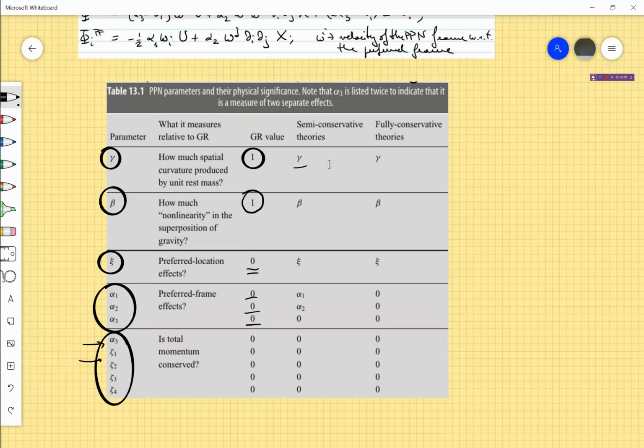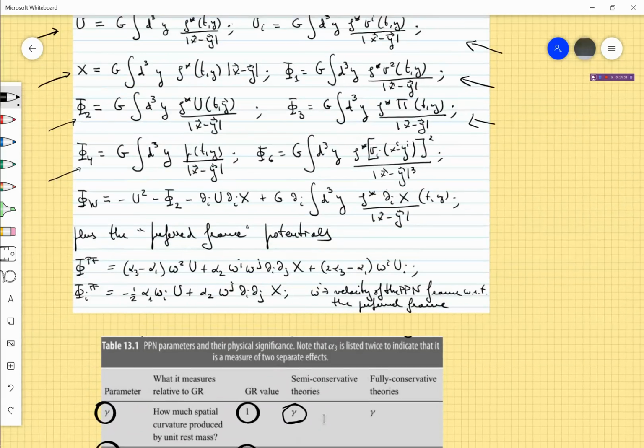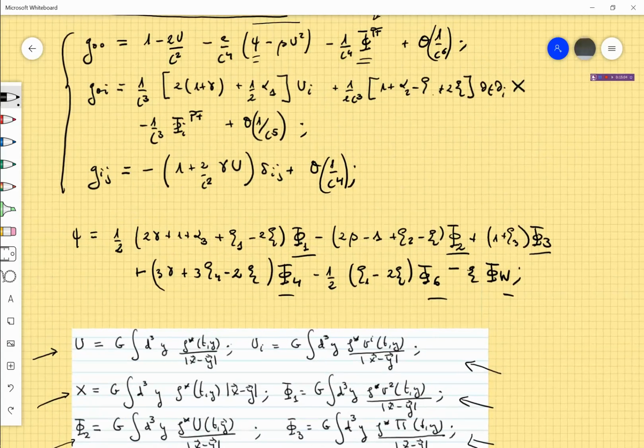Concerning the physical meaning of these parameters, gamma has the meaning of how much spatial curvature is produced by the unit rest mass. We are going to see that in a minute in one example. Spatial curvature is related to the spatial components of the metric, so gamma appears here.